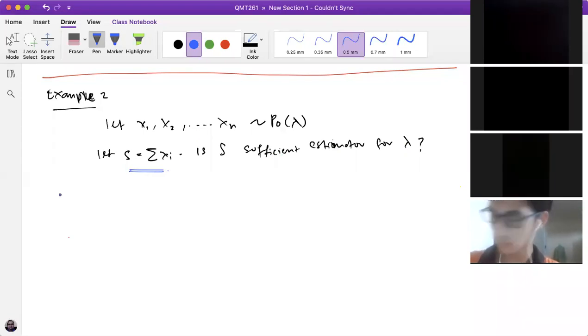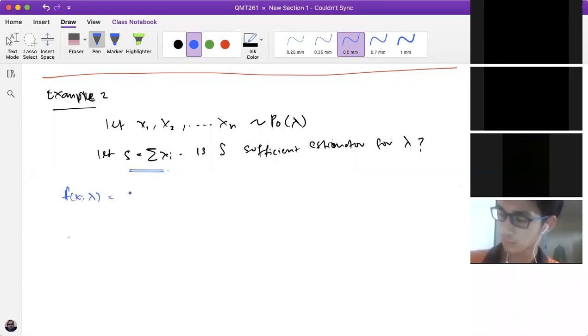So to do this, we need to know the PDF function for the Poisson distribution. So what is the PDF function for the Poisson distribution? f of x given lambda is equal to exponential negative lambda, and then lambda to the power of x divided by x factorial.